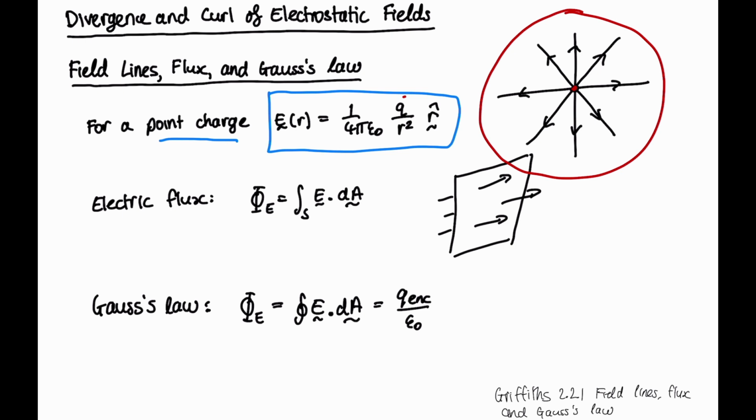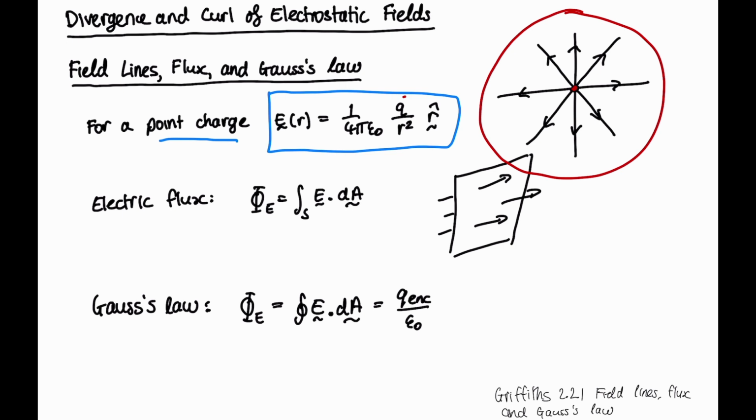And this is, just so that we're all clear, just a 2D representation of what's going on in three-dimensional space. These field lines are really coming out of a sphere rather than out of a circle. So this is just a diagrammatic way of showing that.